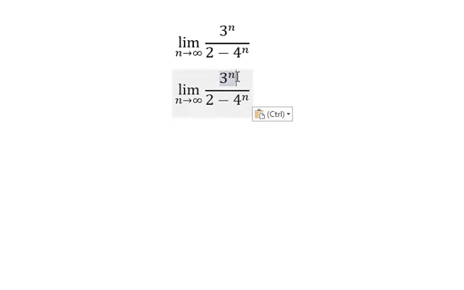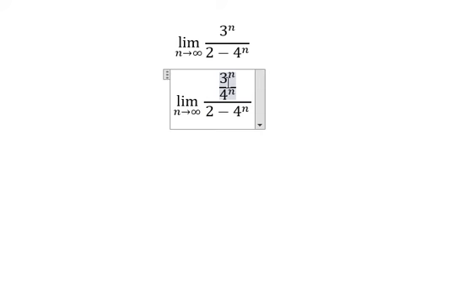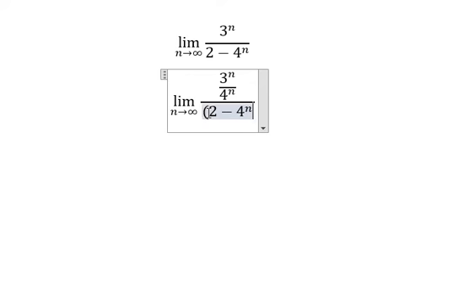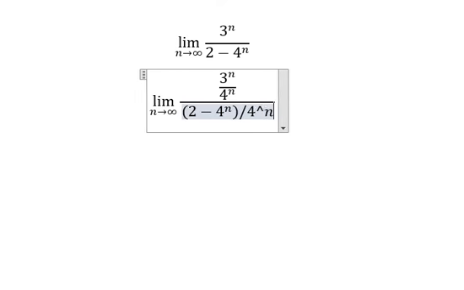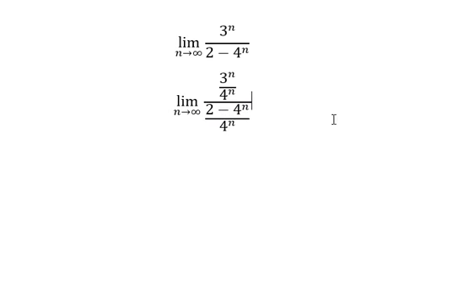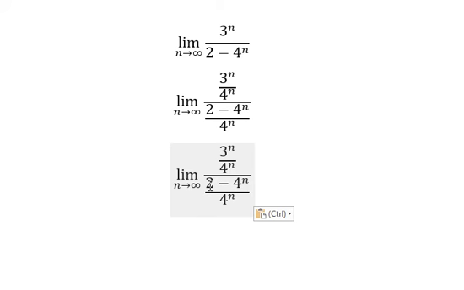We need to divide by 4 to the power of n on the numerator and denominator. So we have number 2 divided by 4 to the power of n.